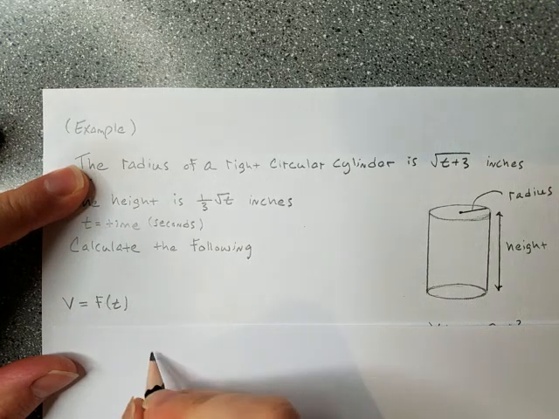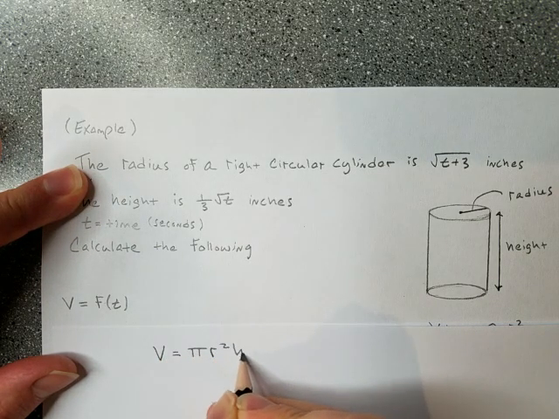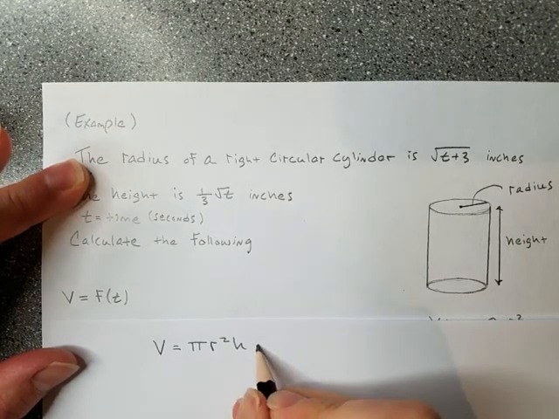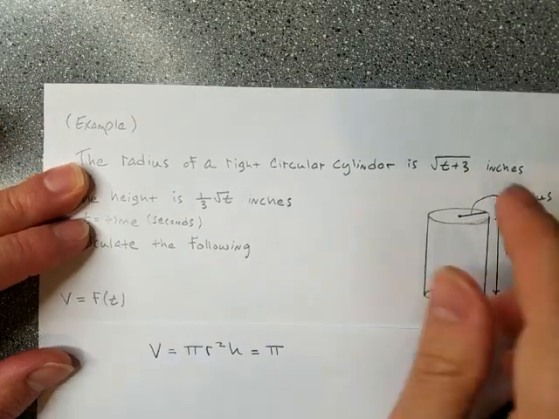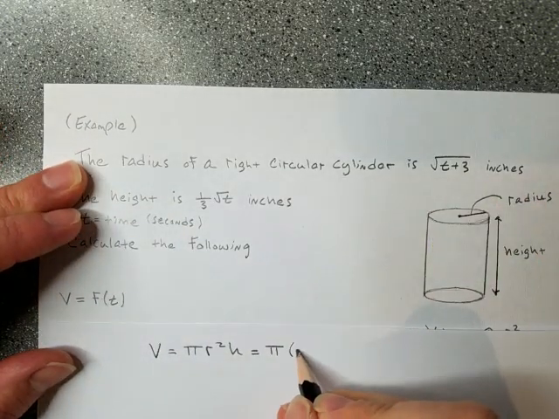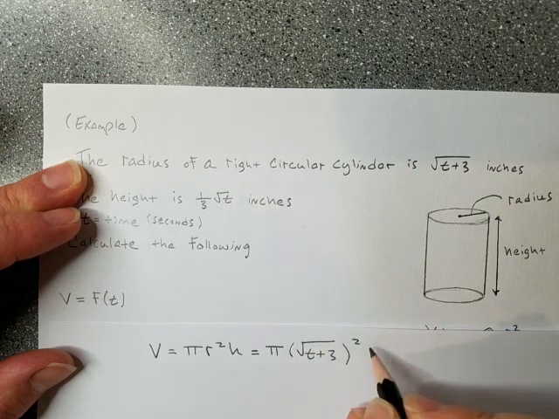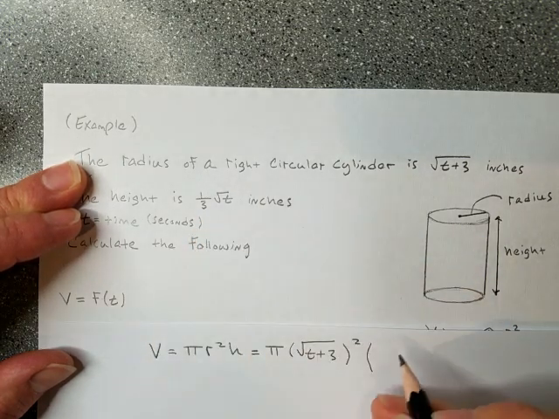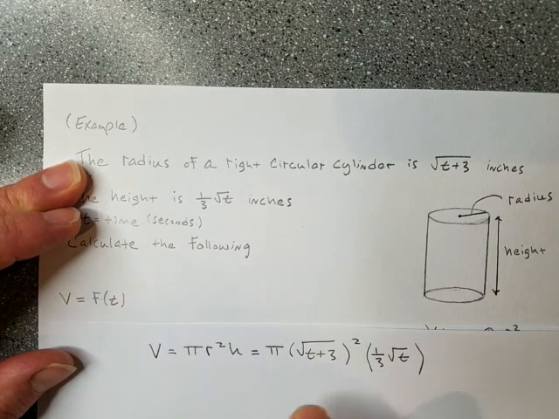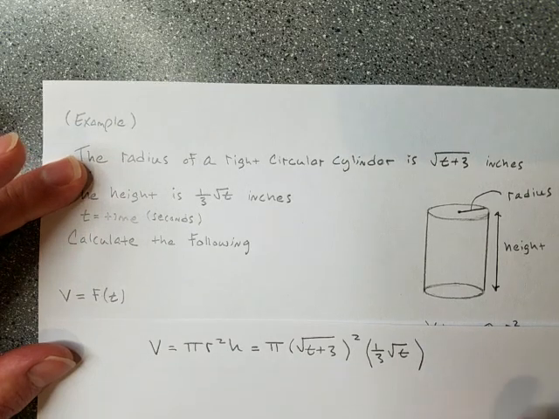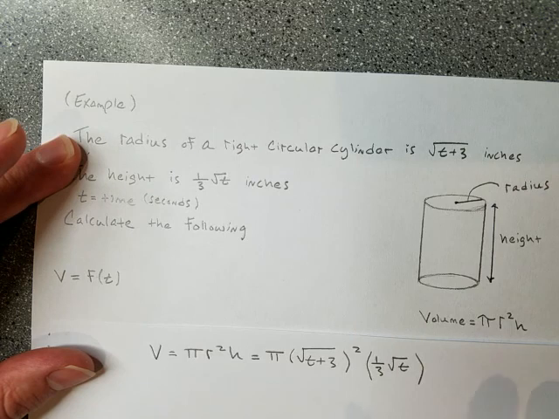We'll say the volume is in general pi r squared h for this shape. Pi is a constant. It's about 3.14. Here you're telling me the radius is root t plus 3, so I need to square that. And then the height is 1/3 root t. All right, so that must do it, right? That's got to be it, because that's how I told you you would find the volume of such a shape.